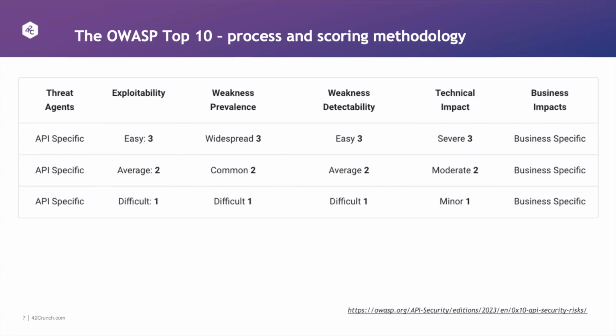If the weaknesses are easy to detect, it scores high. If the technical impact is high, it scores high. So obviously the more of those issues that you score on, the higher up that ranking you go. So there's a bit of science to how they do this. It's not only personal opinion, but that's their methodology on how they rank the vulnerabilities.